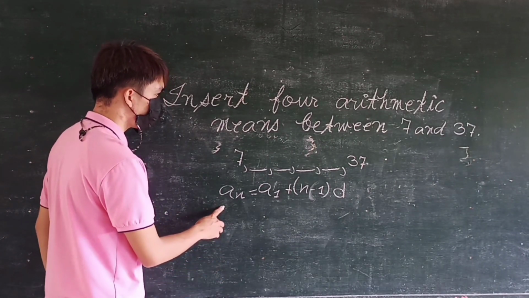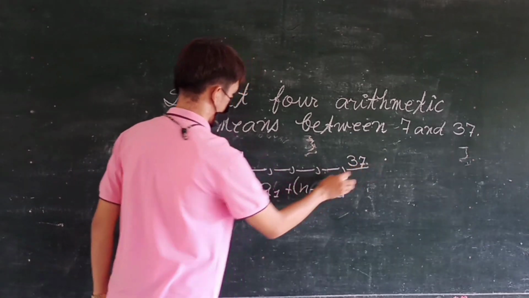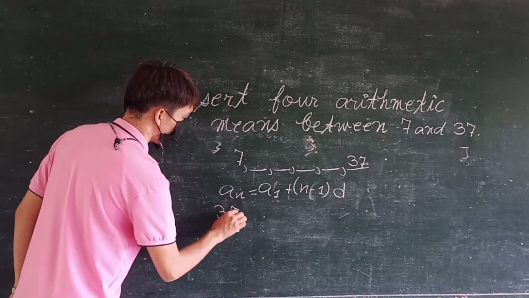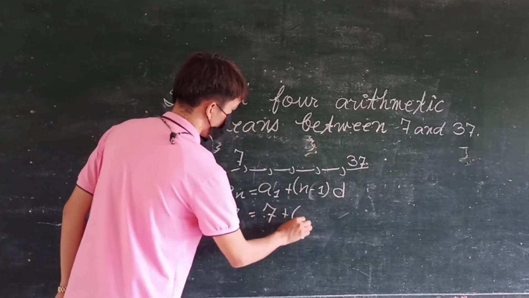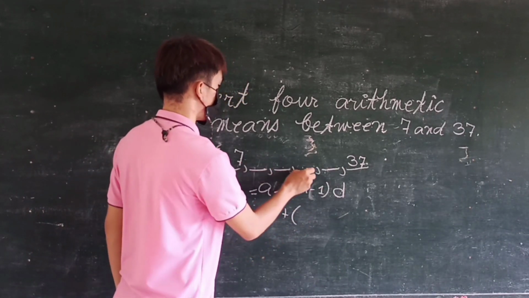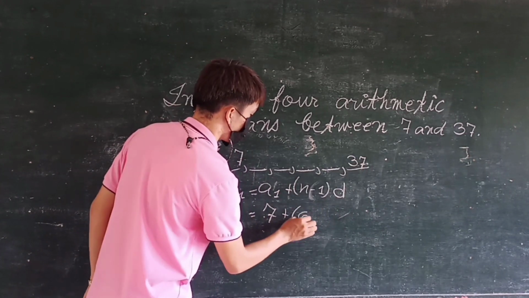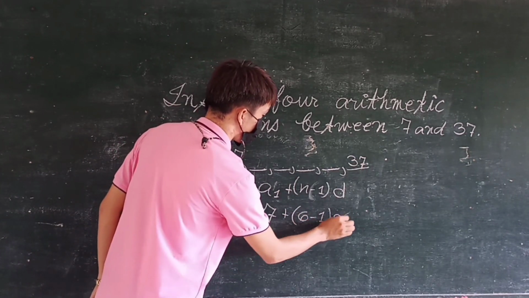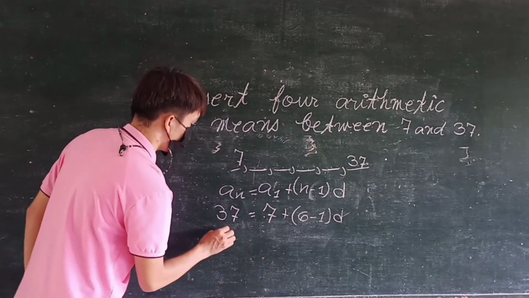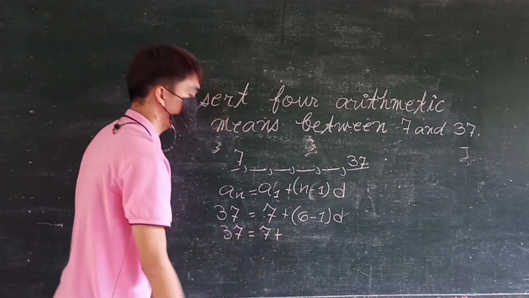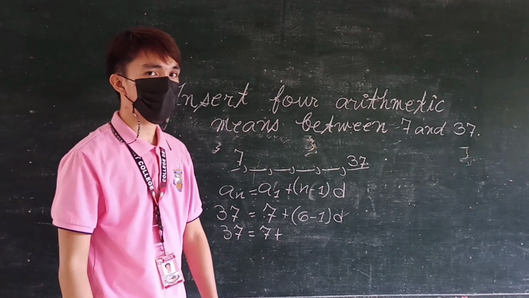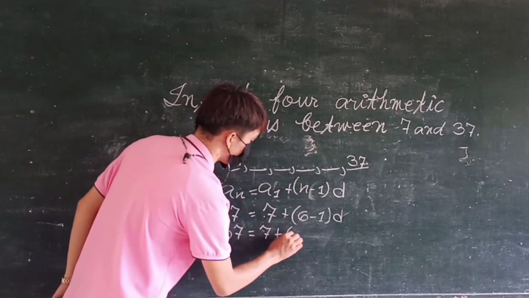A sub n will be represented by this 37. A sub 1, of course, always the first term. And there are 1, 2, 3, 4, 5, 6 number of terms, minus 1 times d. 37 equals 7 plus 6 minus 1, which is equal to 5.